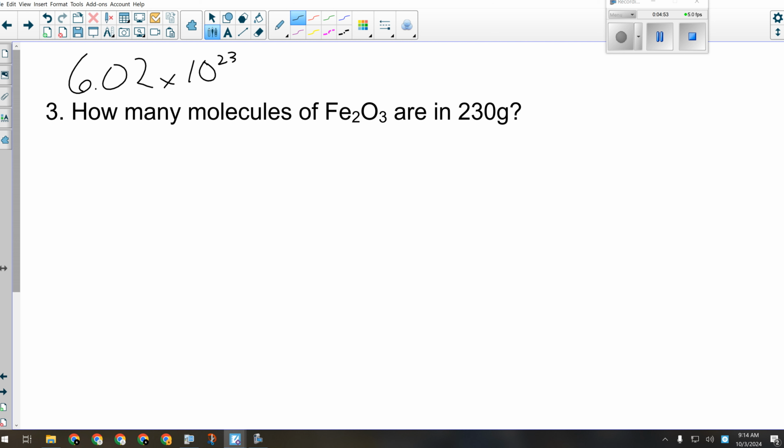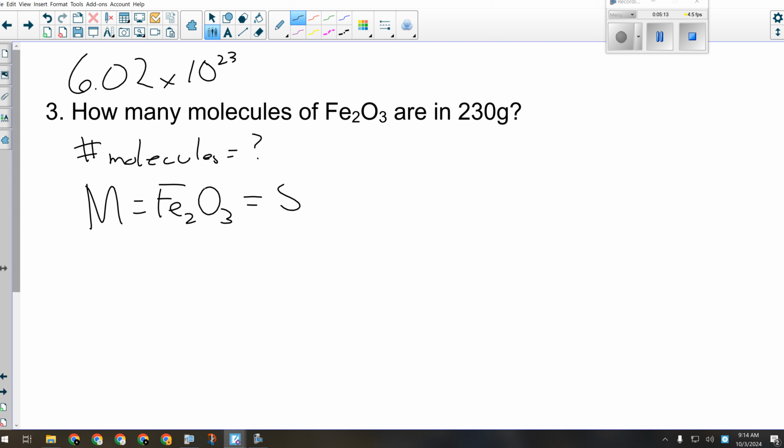So how many molecules of Fe2O3 are in 230 grams? We're looking for the number of molecules, that's going to be our question mark here. We know that it is iron 3 oxide. So we have to do the 58.55. Did I get that right today? Nope.